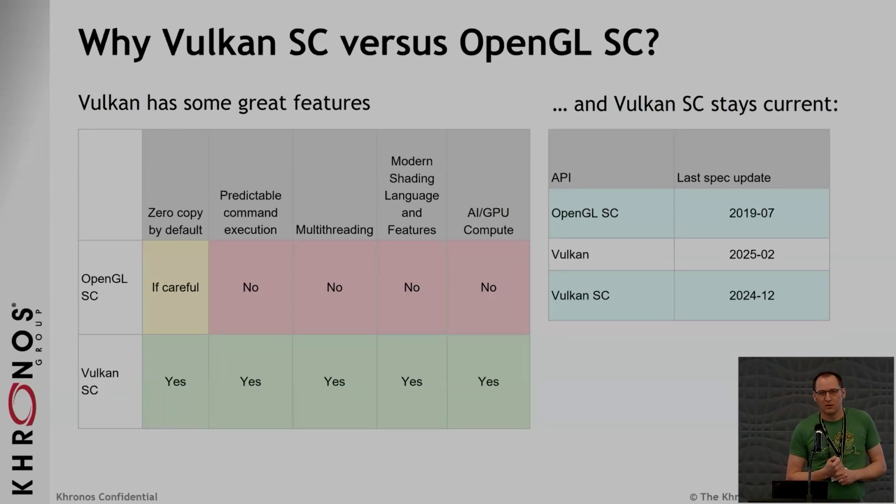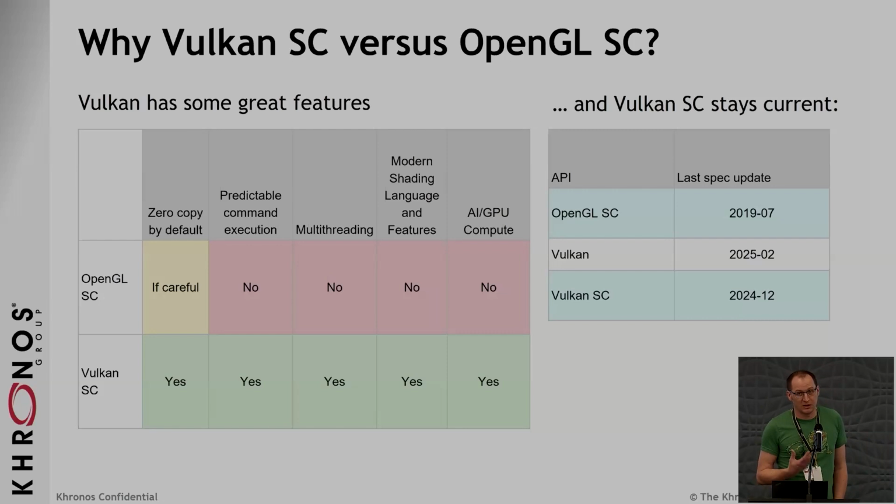You don't have control over whether the driver will copy data or not. No multi-threading, a very restricted shader language with ESSL 2.0, and no support for compute or AI workloads. All that was really missing. In safety critical, we wanted a modern, fully capable API to deploy into the market, and it just made sense to base it off Vulkan.